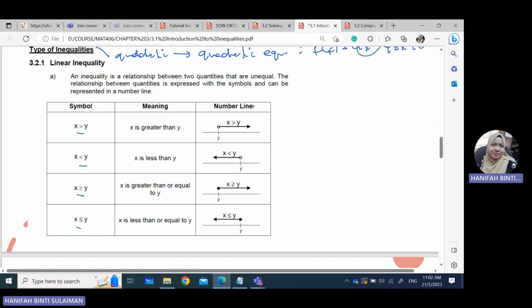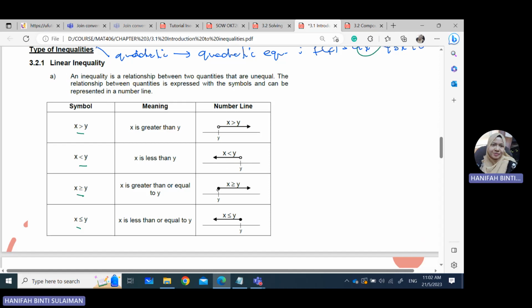Okay, so ini number 9. So this is the meaning of this symbol. So if we say that x is greater than y, so means that the values of x is always greater than y. So bila greater than, nilai-nilai dia menghala ke sebelah kanan. Maknanya nilai dia lebih besar. Kalau less than, bergerak ke sebelah kiri.